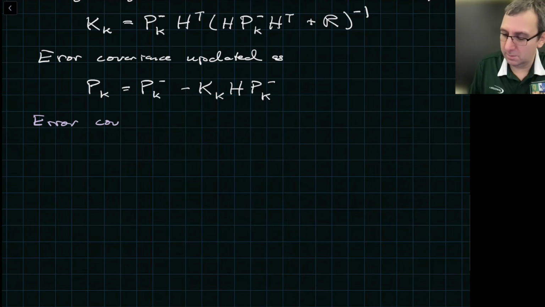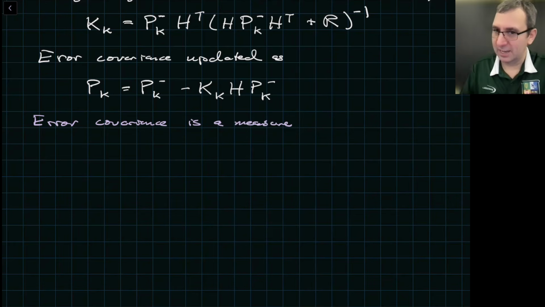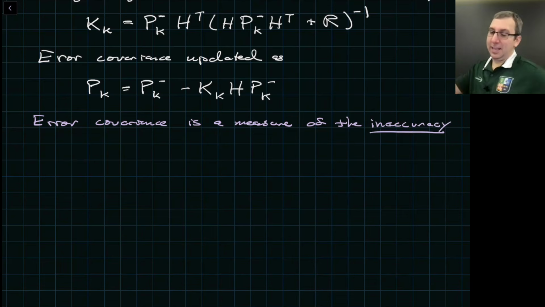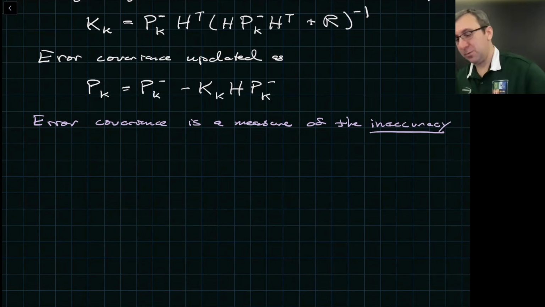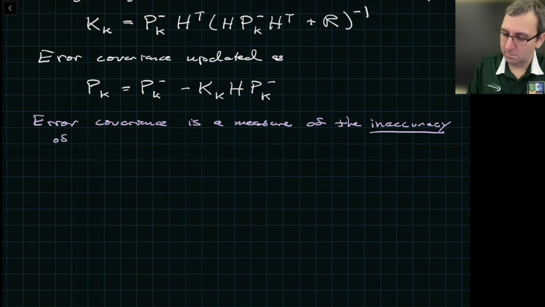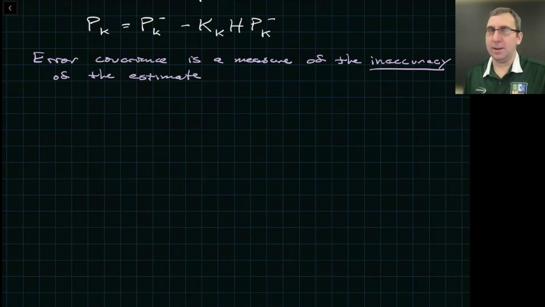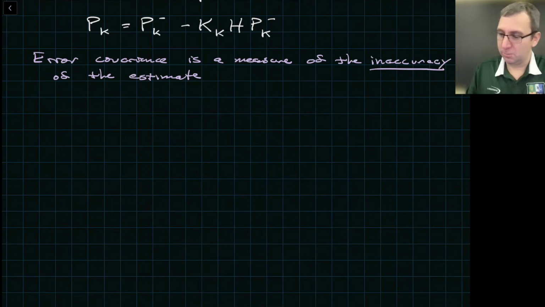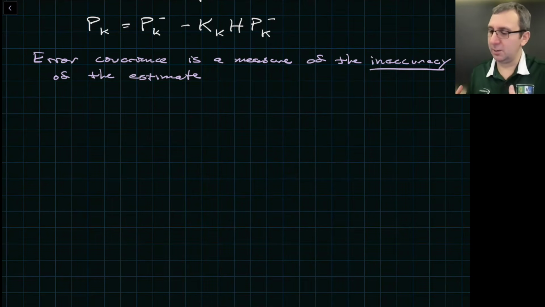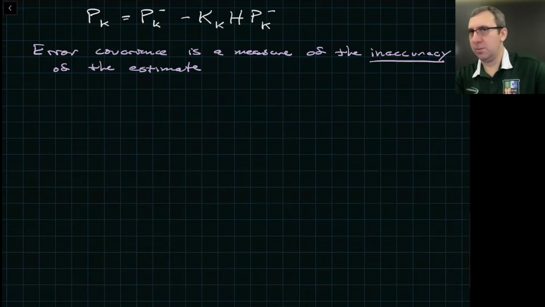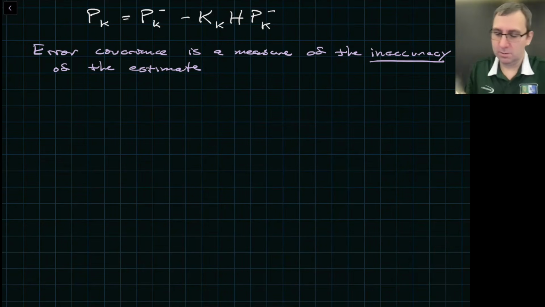The error covariance is a measure of the inaccuracy of the estimate. I say that as opposed to accuracy, because as the error covariance is larger, you've got a more inaccurate estimate. So if you've seen a normal distribution, right? The assumption that goes into the Kalman filter is that there's going to be noise, and the noise is Gaussian noise.